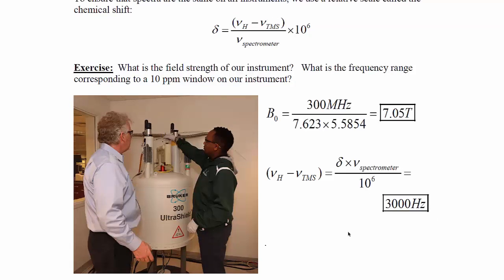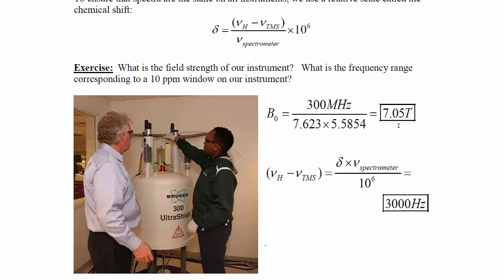Okay, so here's what I computed for the instrument that we have in Campbell Hall. The magnetic field strength of our instrument is 7.05 Tesla. That comes about because we observe a naked proton at 300 megahertz. If we simply divide by the 7.623 in the formula, and then divide by also the G factor for a proton, we'll come up with the 7.05 Tesla.